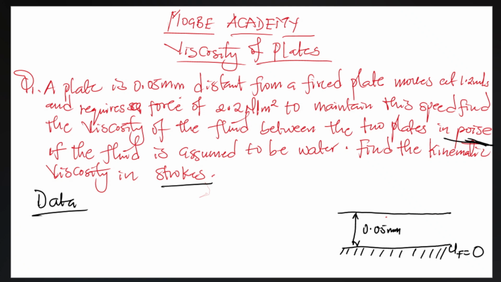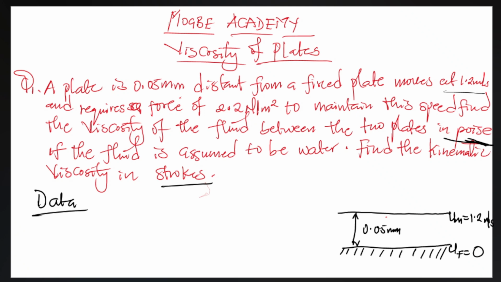Are we together? Now we were given the velocity for your moving plate, and the velocity for your moving plate was given to be 1.2 meter per second. That was the velocity that was given to us.